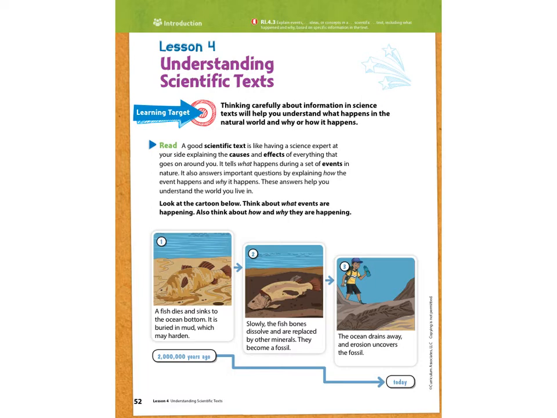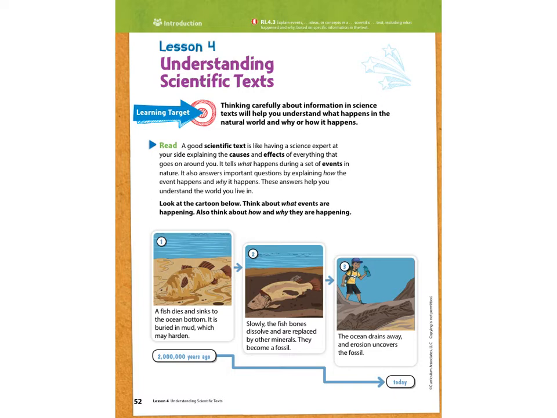It tells what blank during a set of events in nature. Very good. I see several people responding to my blank. It also answers important questions by explaining how the events happen and why it happens. These answers help you understand the world you live in.